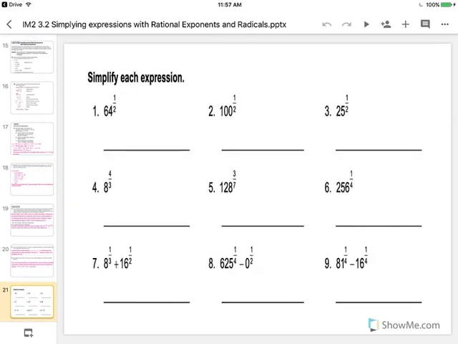Okay, so let's try this part. This is similar to what we did on 3.1. So rewrite 64 as 8 to the second power, raised to the 1/2. Then this reduces to just 8. Or we can write this as the square root of 64. So the answer is 8.